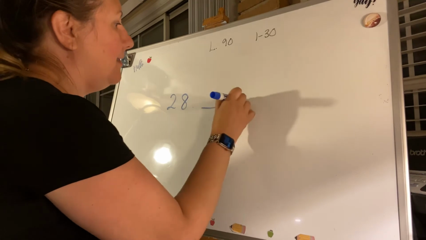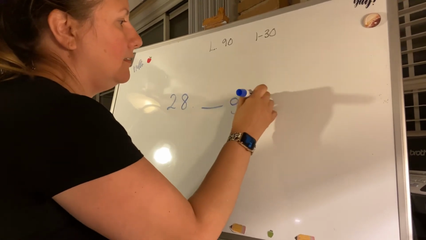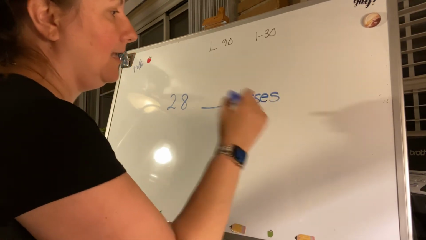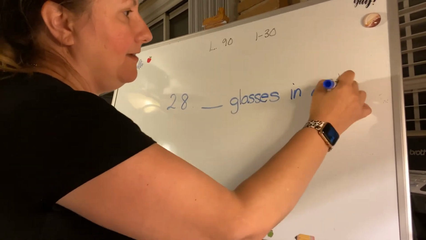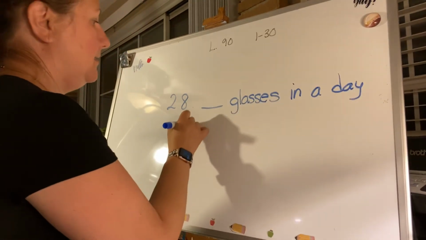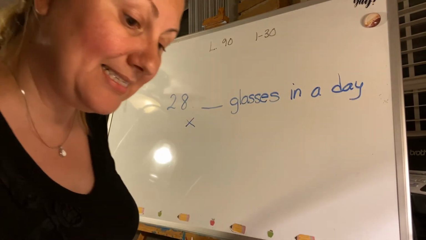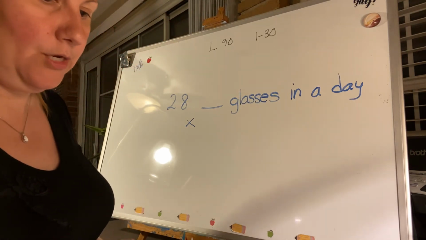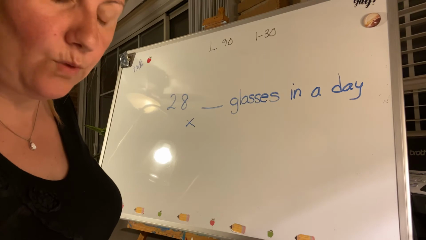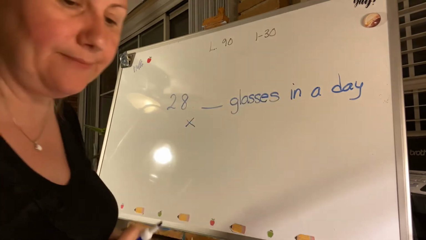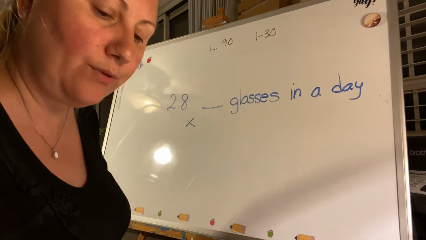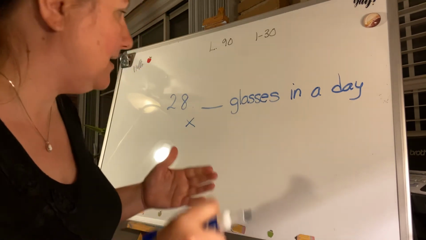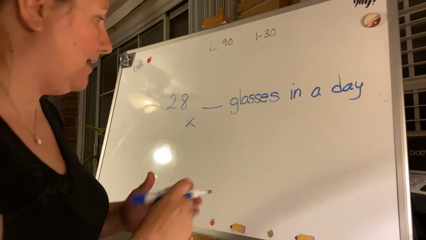So how many glasses should she drink in a day? Do we know how many days? No. Oh, it says in one day. So in one day, that's right. What we know is that she has 8 ounces of water in a glass and 64 ounces total.